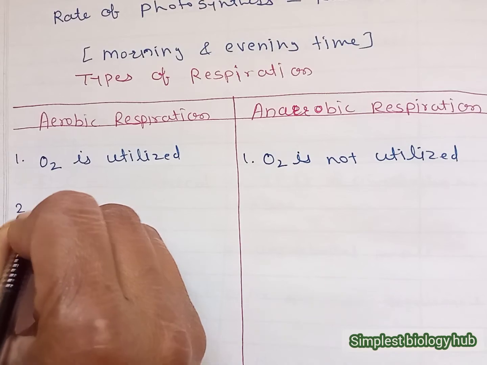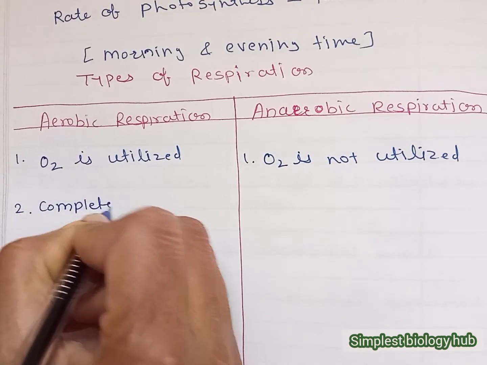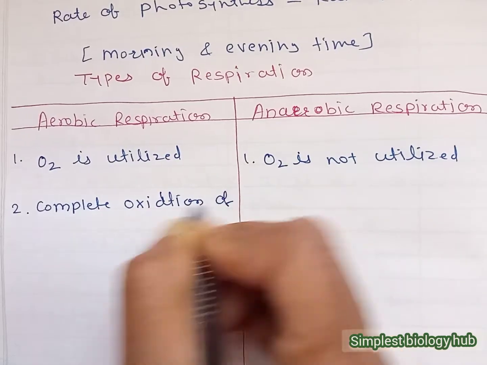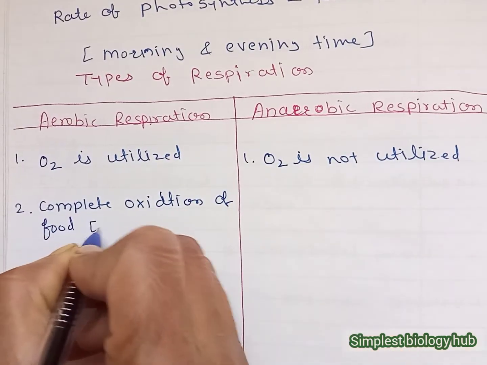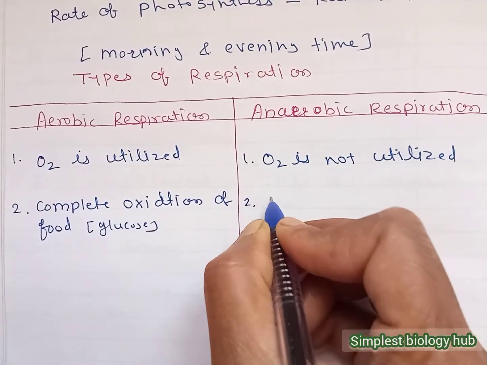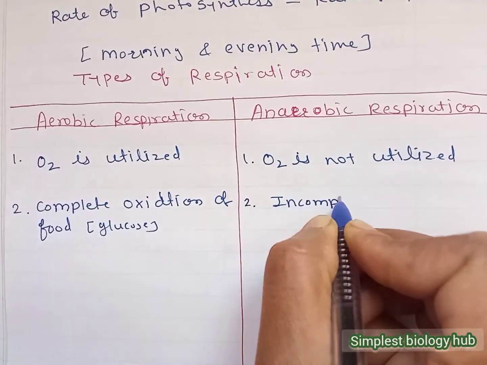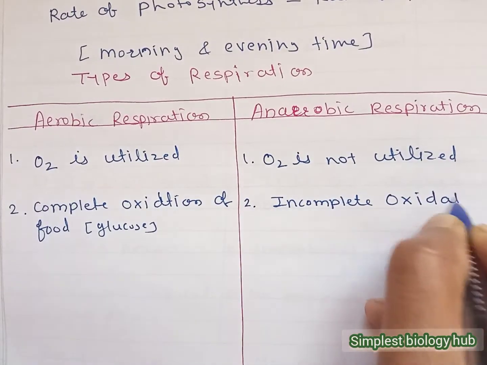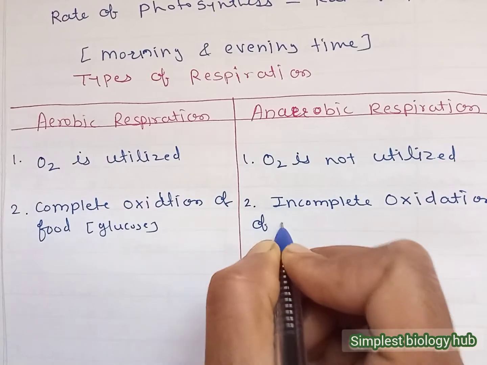Aerobic respiration involves complete oxidation of food, or glucose, while anaerobic respiration involves incomplete oxidation of food.